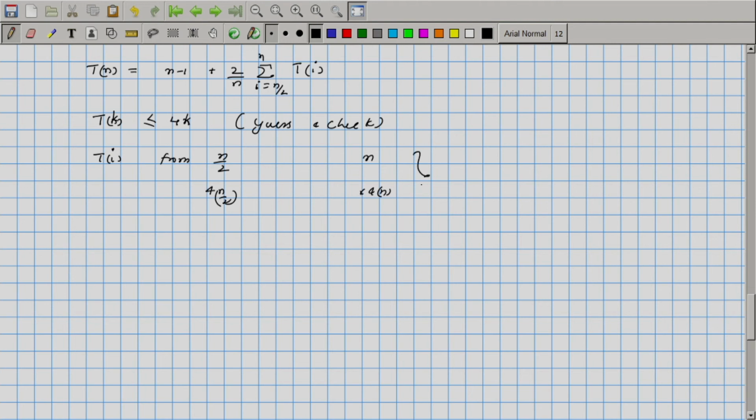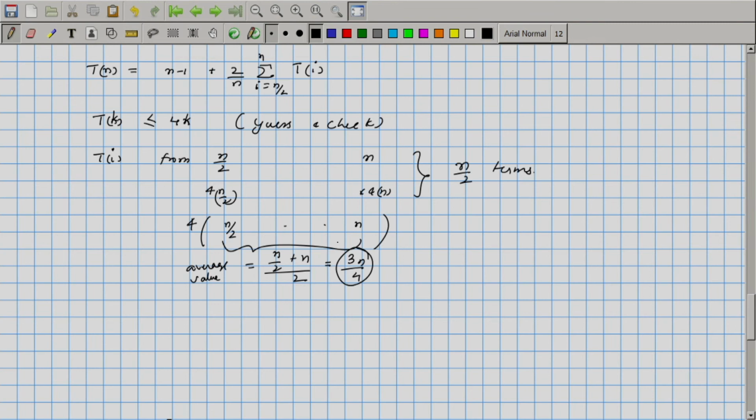Okay. So, this is roughly n by 2 terms, and their values vary from 4 times n by 2 to 4 times n, and the average value of these is n by 2 plus n by 2, so that is going to be 3n by 4.